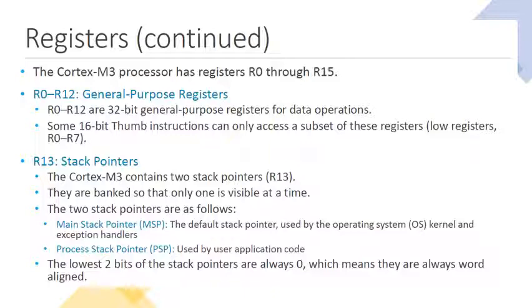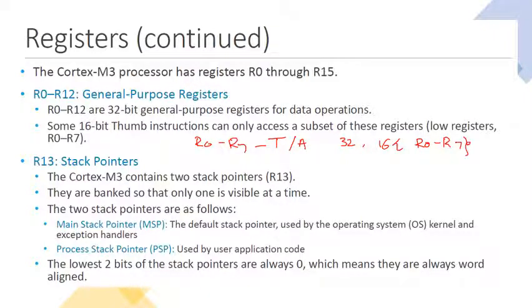They are referred to as low registers, that is R0 to R7, and are meant for Thumb instructions also along with ARM instructions. Any 32-bit operation can also be performed, but if you want to perform a 16-bit operation, then you must use only R0 to R7.